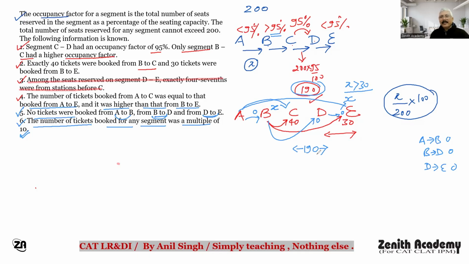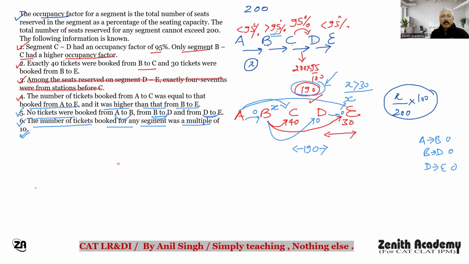Is it right? Between C to D you have calculated 190, and it is given that only segment B to C had a higher occupancy factor, meaning higher than 95%.